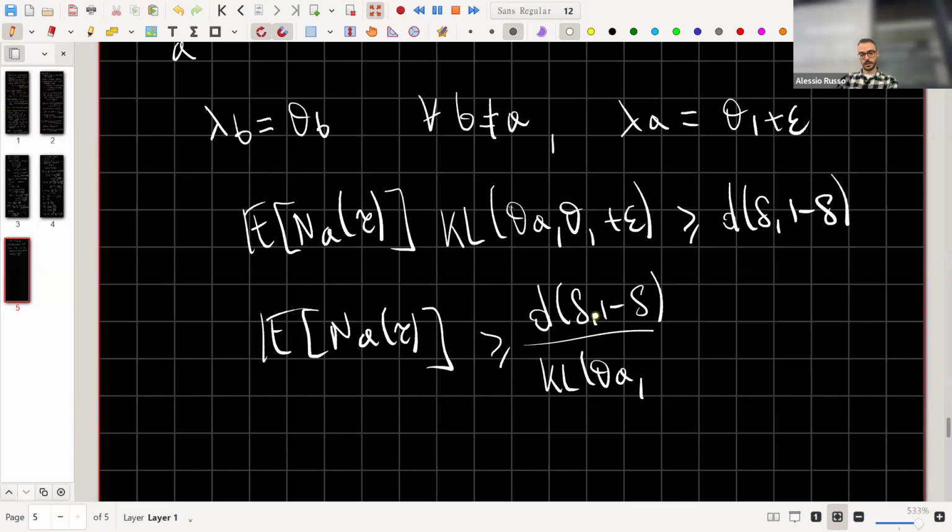And so at the end, the lower bound of the number of times you should select arm A is this quantity here.